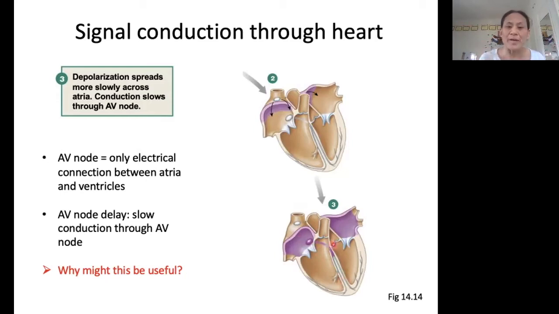That is useful because that allows you to empty the atria, right? So to pump blood from the atria into the ventricles before you contract your ventricles. That way you have a larger amount of blood available for the ventricles to pump out to either the rest of the body or to the lungs, okay?